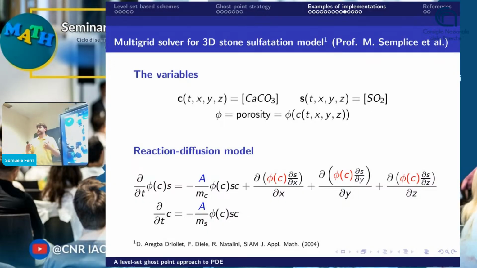What we want to do is to improve this model and use the multigrid approach with the level set and the ghost point strategy to solve the system, which is also a reaction-diffusion model depending on the marble, the sulfur dioxide, and also the porosity. Here A is just the constant of the chemical reaction.